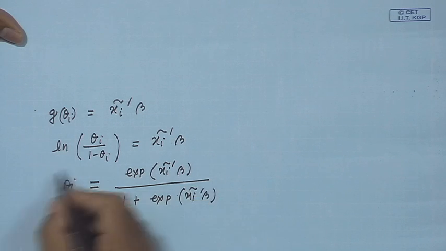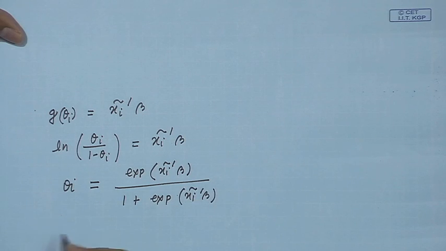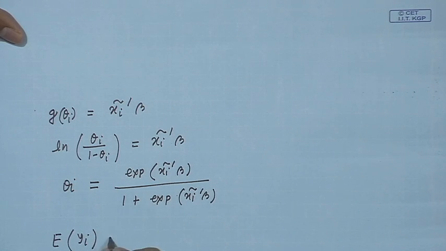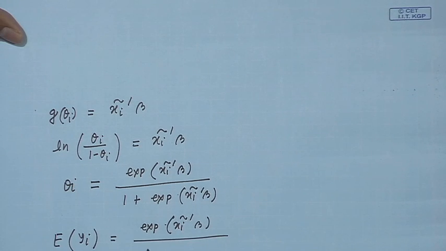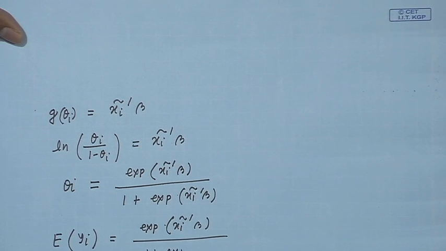So, this is the model in case of binomial, and the final model is expectation of y_i = exp(x_i' beta) / (1 + exp(x_i' beta)).